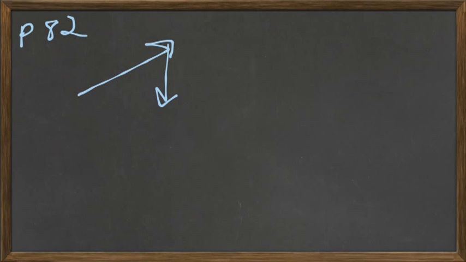For example, let's take the diagonal one. There's no reason I can't draw him like this. In other words, pick him up and move him parallel to himself. I didn't change the direction. The arrows are still pointing the same way. And I didn't change the length, the magnitude.